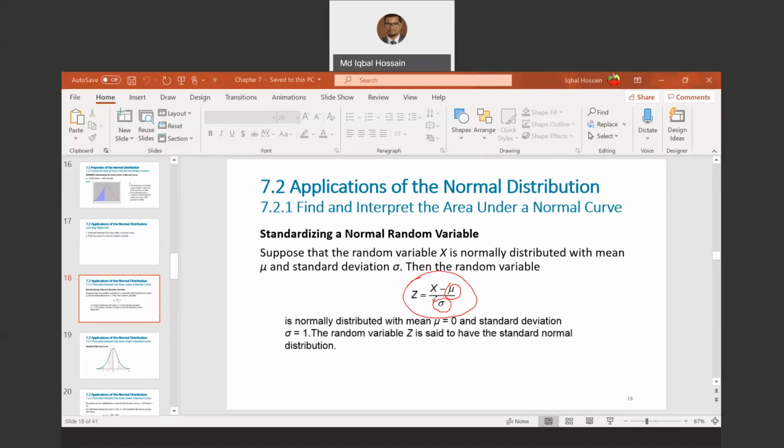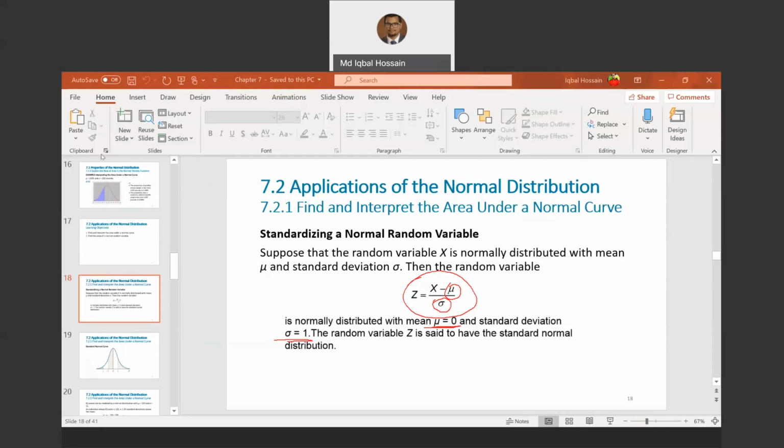Now, when we are converting the x values into z, this z now follows a normal distribution with mean 0 and standard deviation 1. That means this z follows the standard normal distribution, and standard normal distribution will always have mean 0 and standard deviation 1.